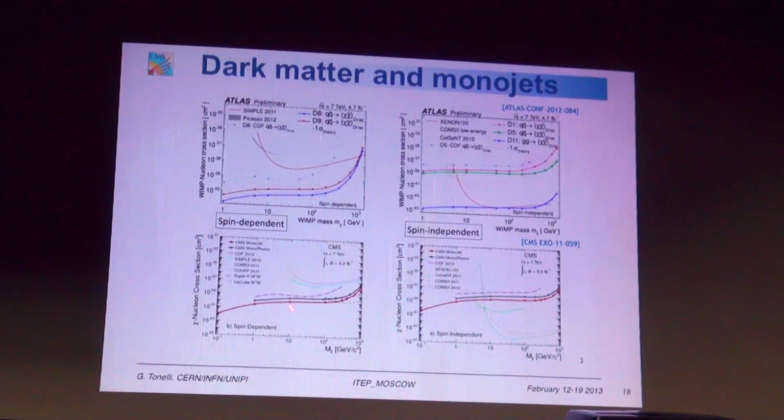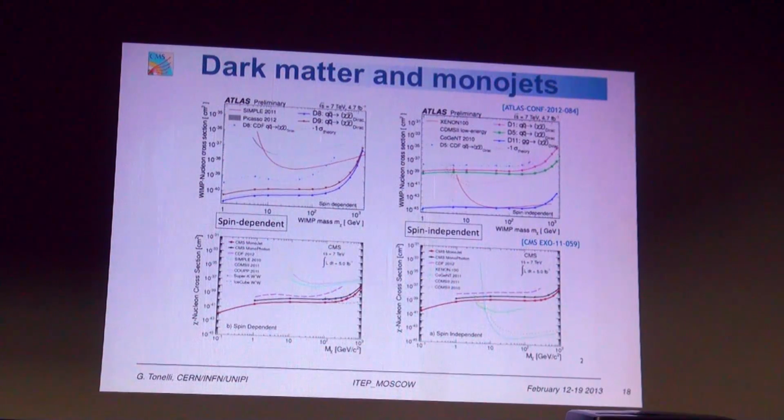There are two independent interpretations, one spin dependent and one spin independent. It's nice to see, I don't know if you can read, xenon, CoGeNT, the best detectors for dark matter detection in underground facilities. There are areas in which clearly they can do better, but there are areas, for example in the low mass region, in which the detectors at LHC can provide additional information. So it is somehow complementary.